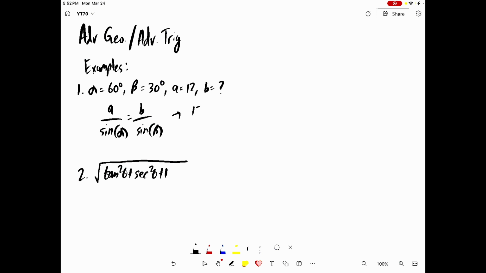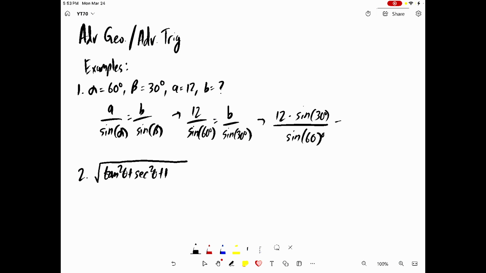Now A is 12, so 12 divided by sine 60 degrees is equal to B divided by sine 30 degrees. Now, when we bring this over here, we get 12 times sine 30 degrees divided by sine 60 degrees is equal to B. Now, sine of 30 degrees is equal to 1 by 2, so we have 12 times 1/2, and then sine 60 degrees is equal to the square root of 3 over 2.